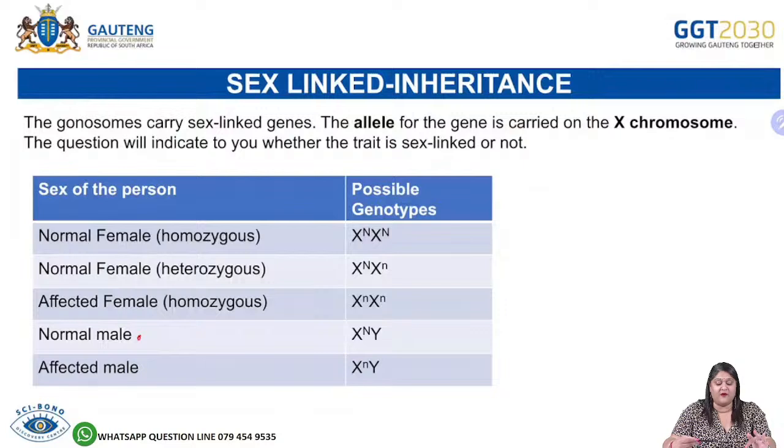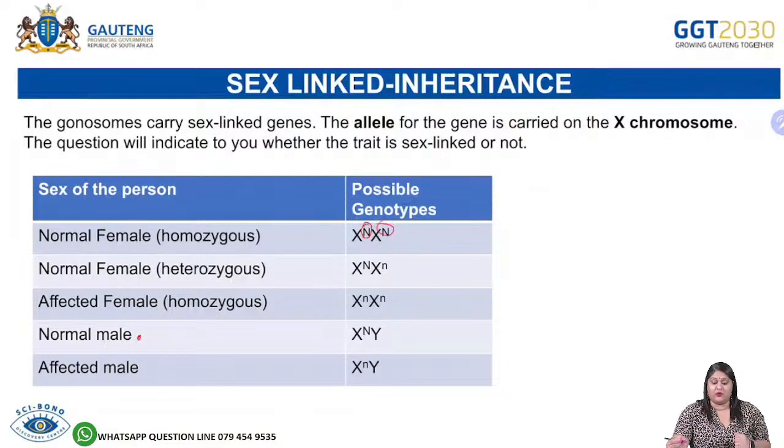If it's a normal female, the possible genotype for that female would be X^N X^N. The female will have two X's, and the allele carried on each X is depicted with a superscript, a capital N, and that is homozygous.